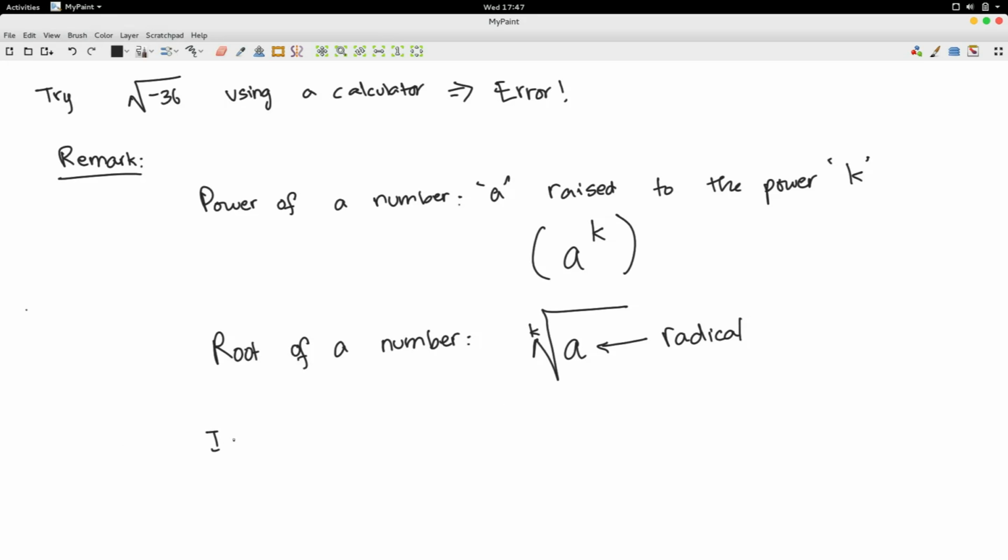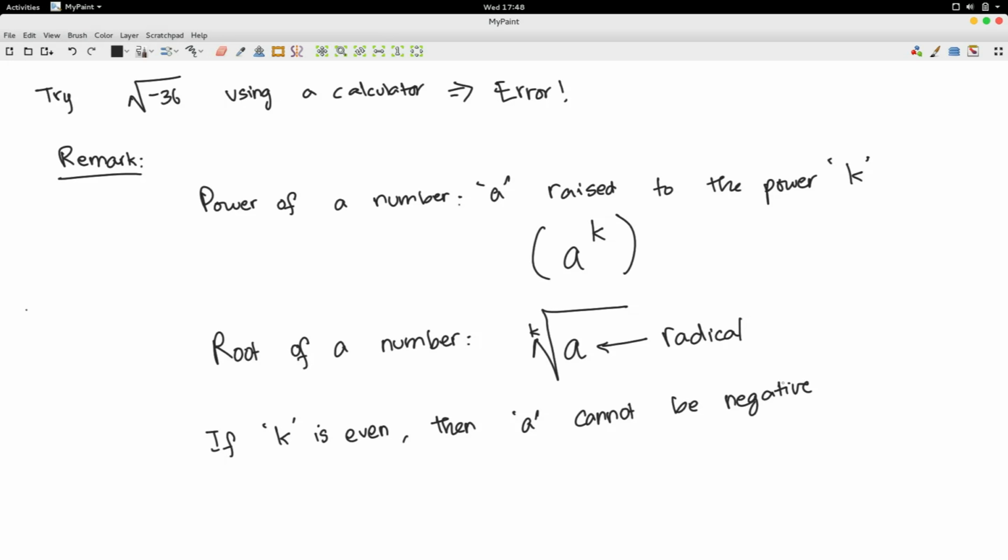If k is even, then a cannot be negative. But we don't have a problem with a being negative if k is odd.